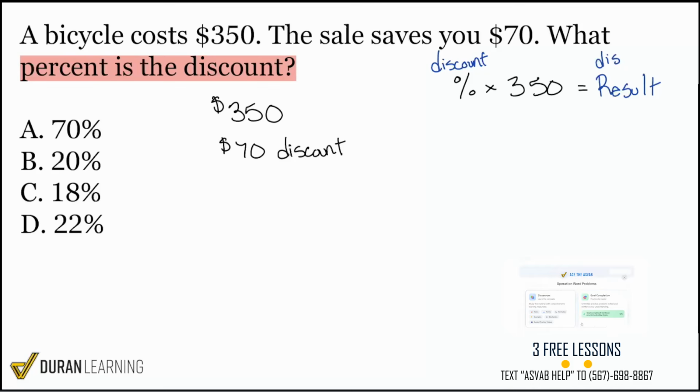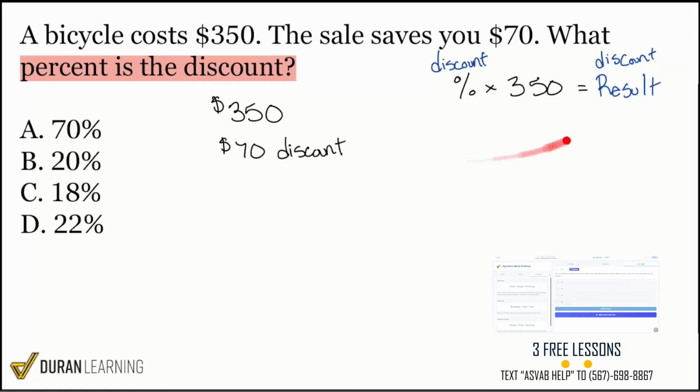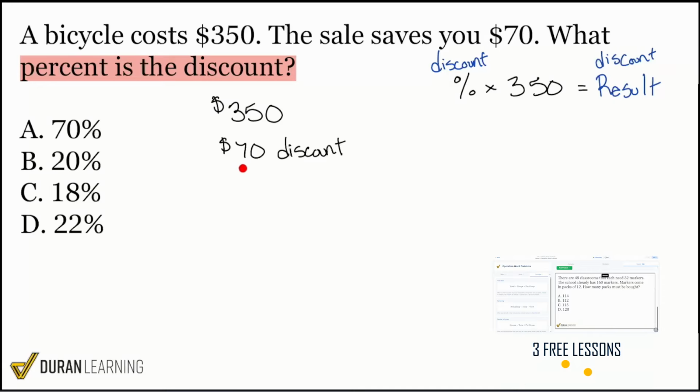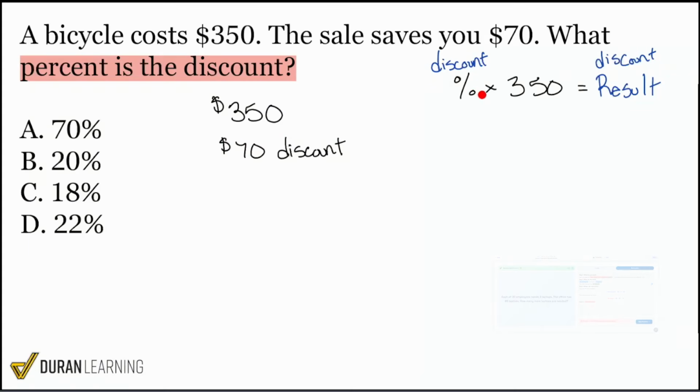And so when we ask ourselves, well, hey, if we plugged in the $70, will that work? Absolutely. Because if we plug in the amount that is the discount, we'll get the percent that is the discount. We always want to think about being consistent with that formula. That's how we'll get to that place of confidence.